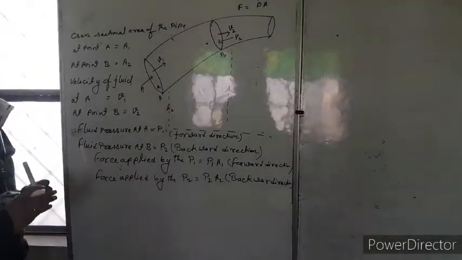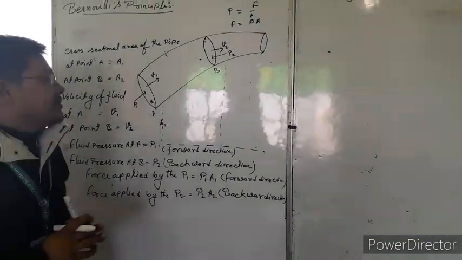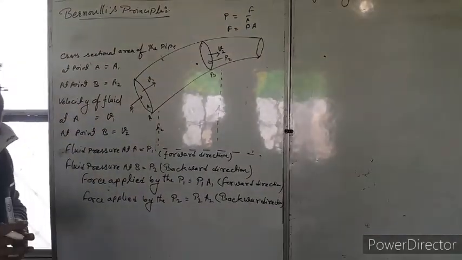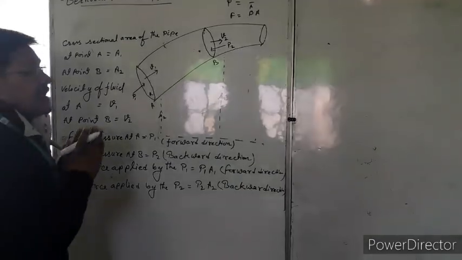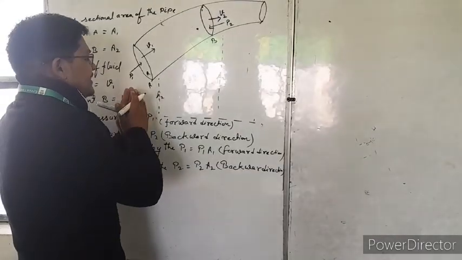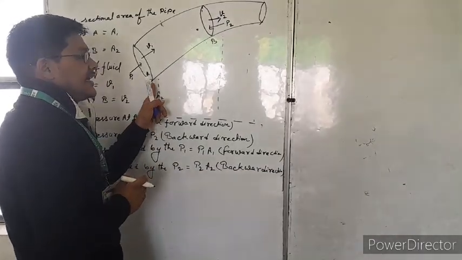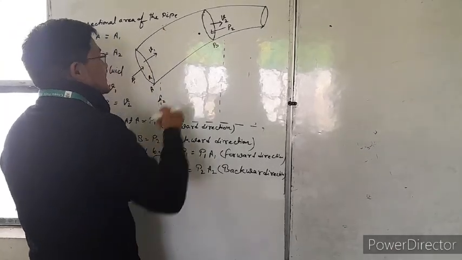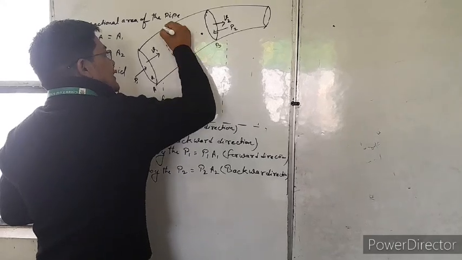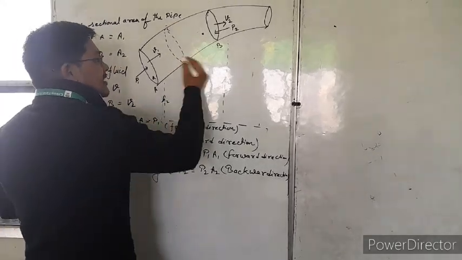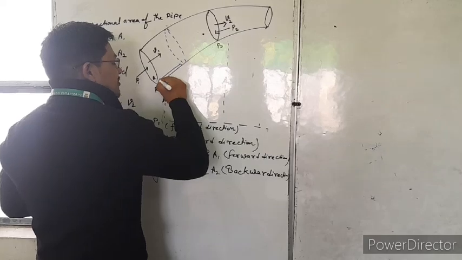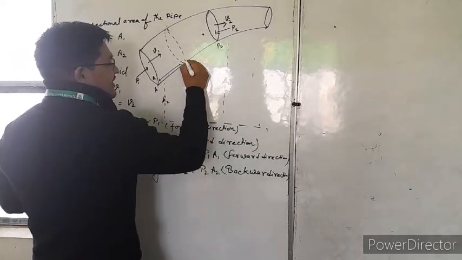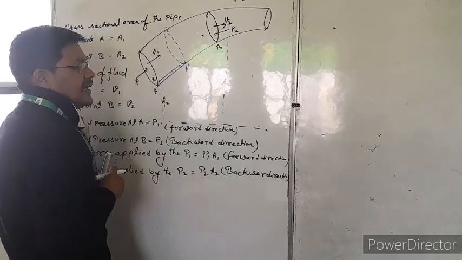Now it is very simple to calculate the work done by the pressure. How can we calculate the work done by P1? Suppose that in time delta T the fluid which is at point A will move to point A dash.